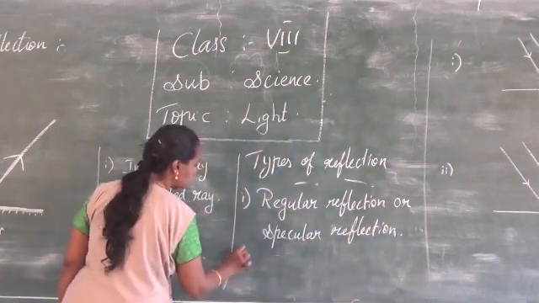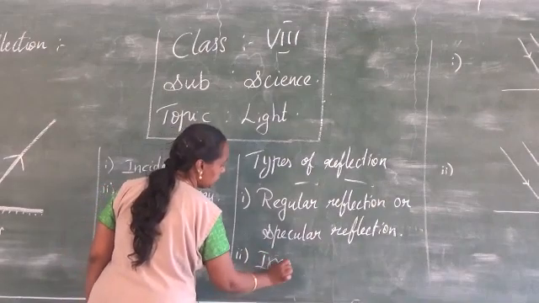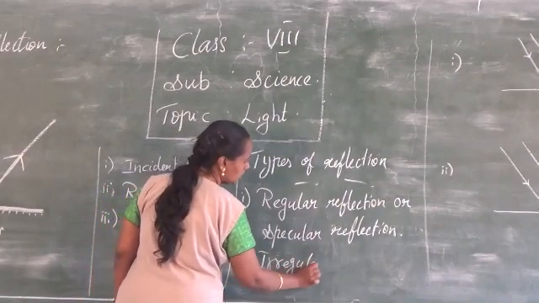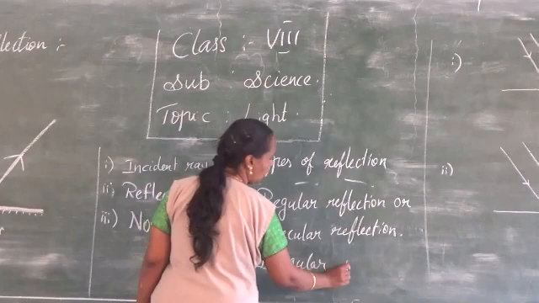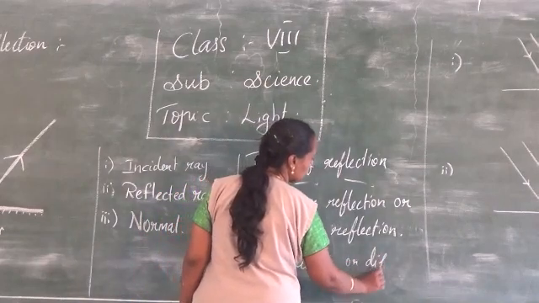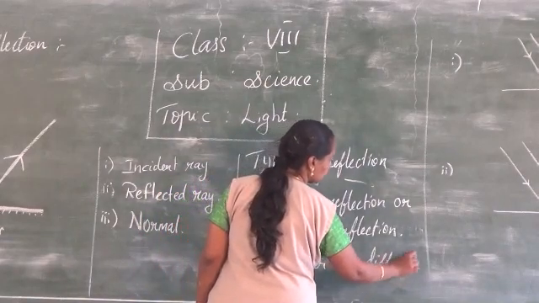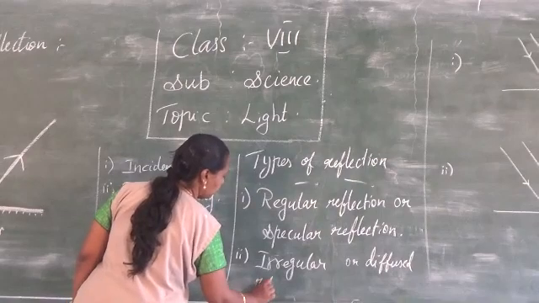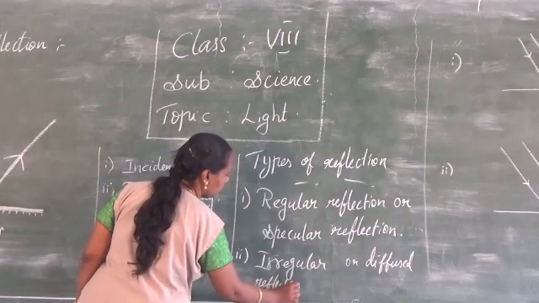The second type is just the opposite of that, irregular reflection or diffused reflection. So let us go one by one.